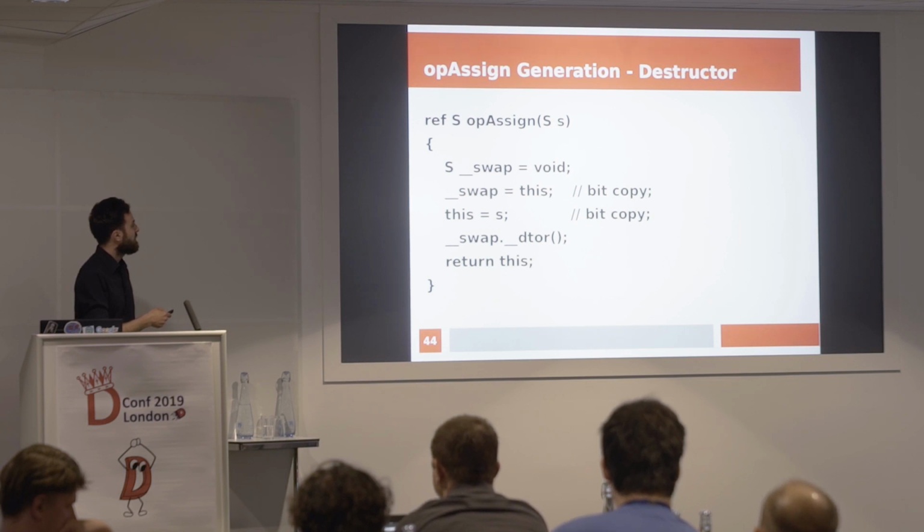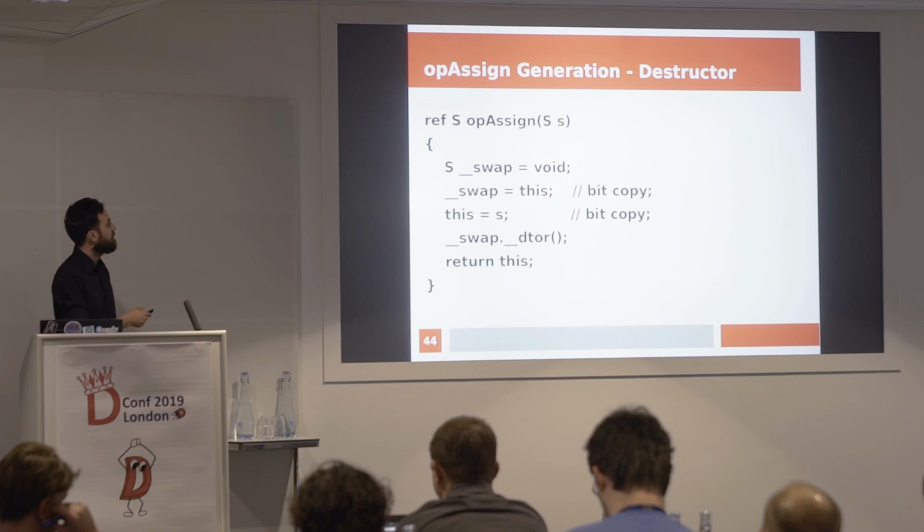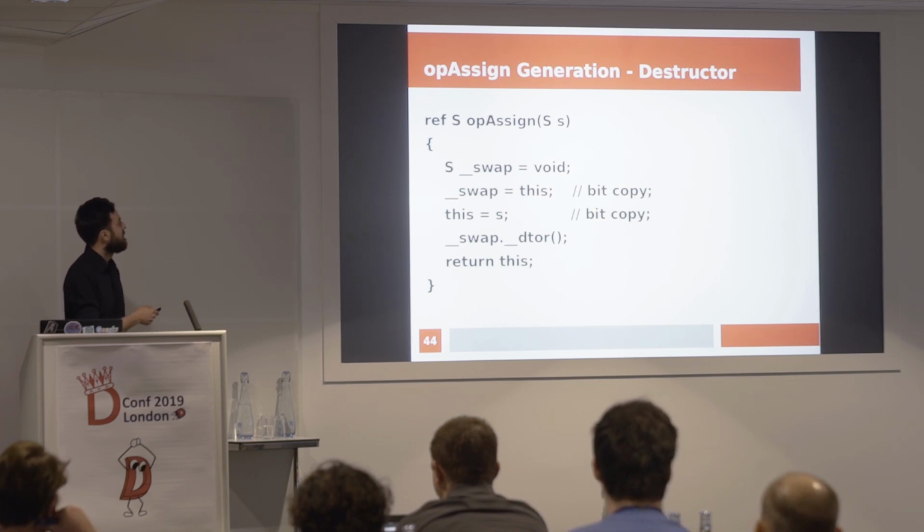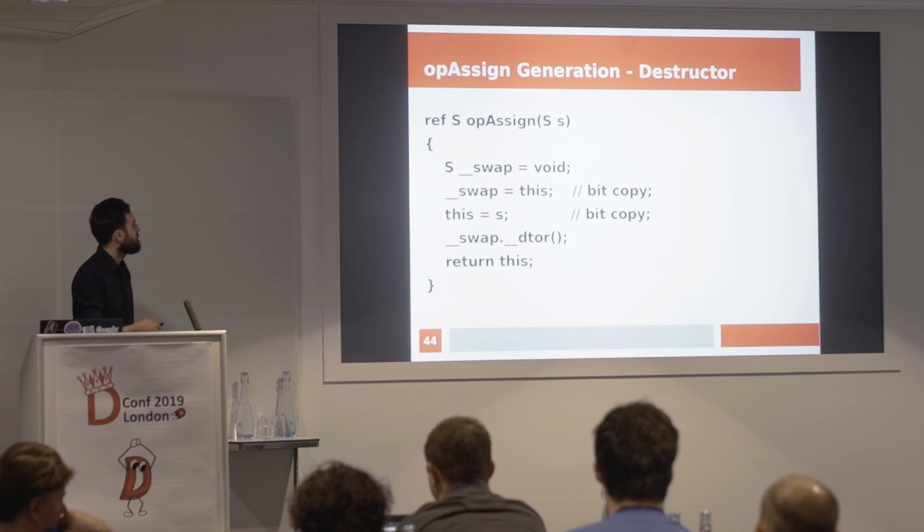It should be noted that this argument is implemented with a bit of compiler magic, where this object is not going to get destroyed, because it might have some references in there to allocated memory, and if I'm destroying this, then basically I'm invalidating the copy that I made.